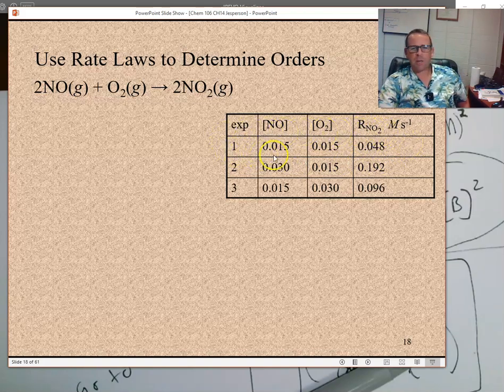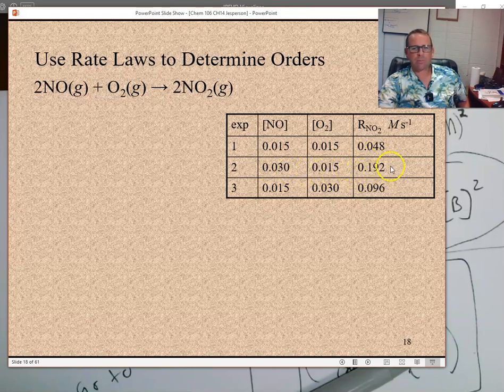Now, in my next experiment, Alyssa, I do the exact same thing, but I change one factor. Which factor have I changed here in this second experiment? The concentration of the NO. I doubled it, didn't I? Can you see that? I doubled the concentration of the NO. And how did that change the rate of the reaction? Did it double the rate?